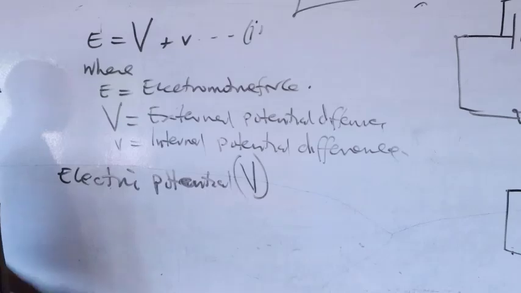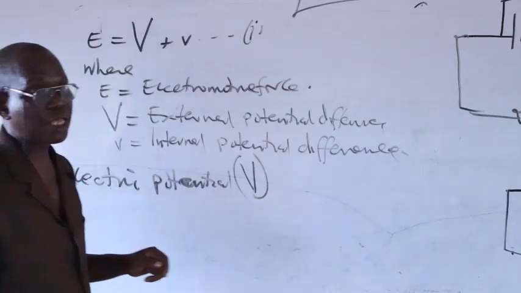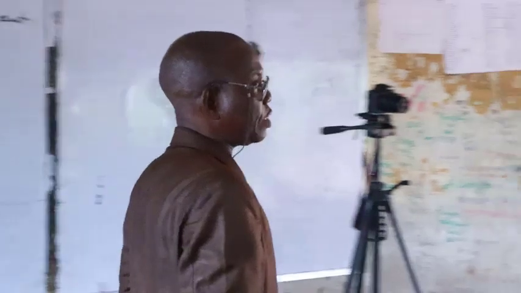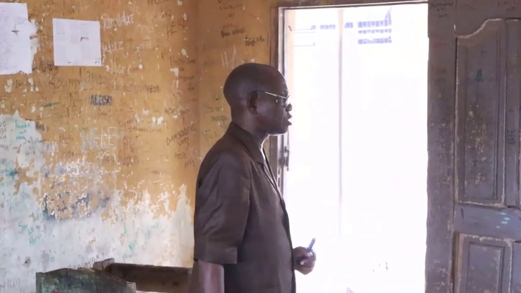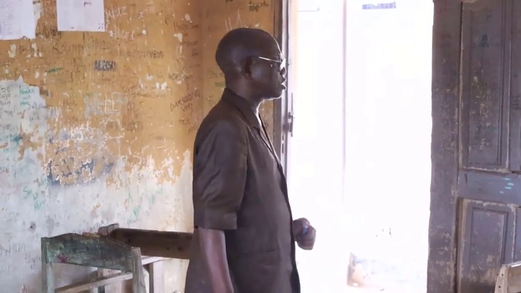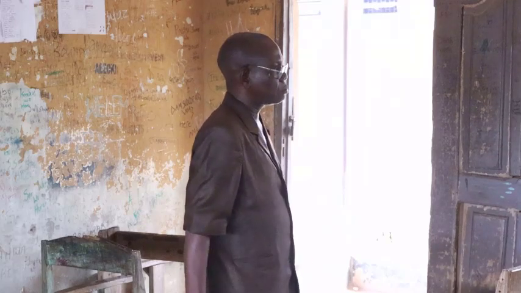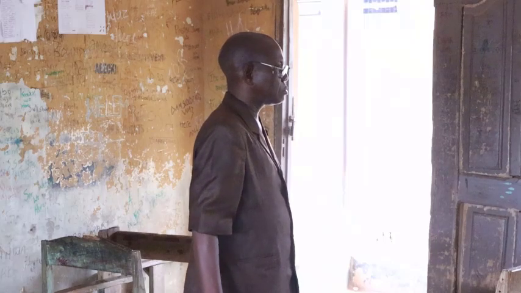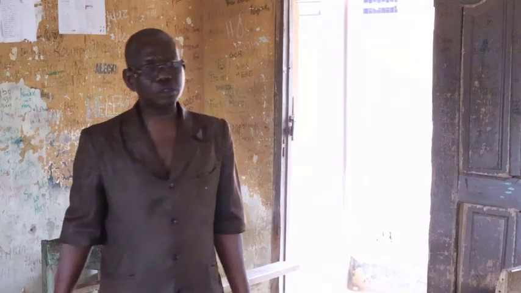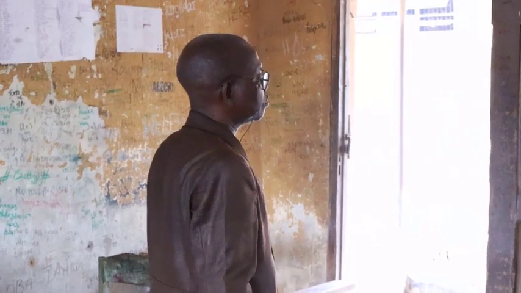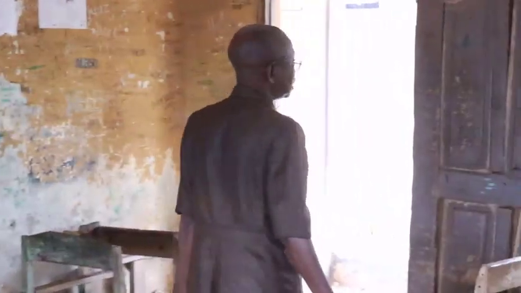Please have it down. Electric potential can be defined as the work done in bringing the unit positive charge from infinity to a point in an electric field.